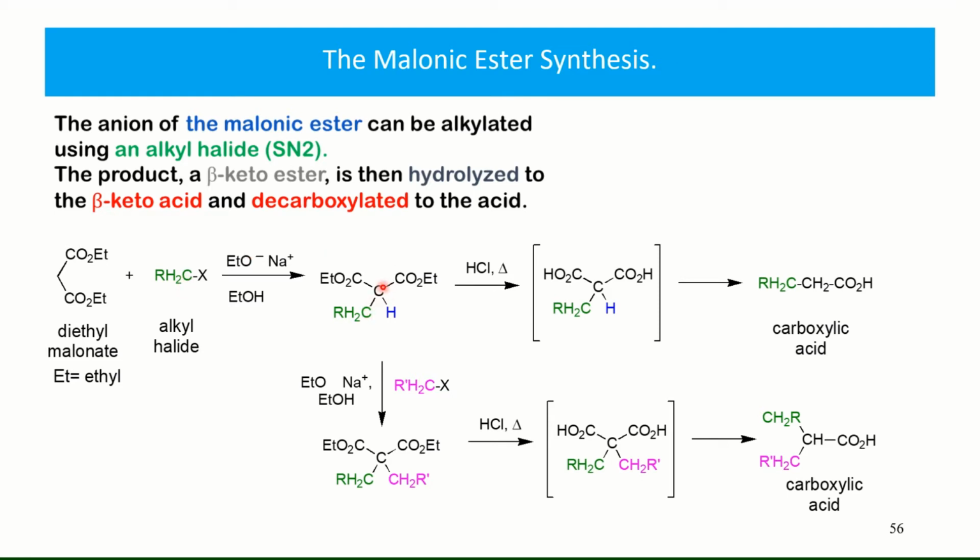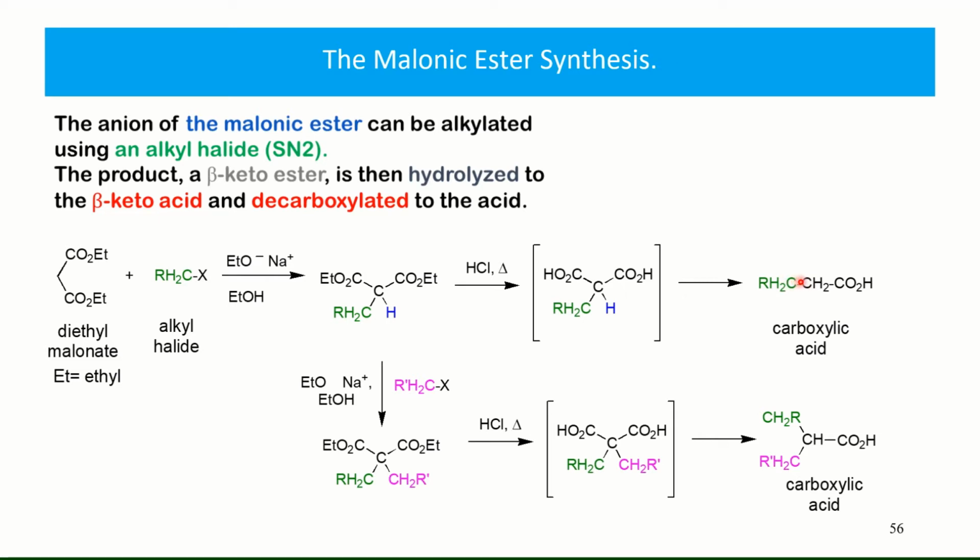So here is the coupling. We can saponify these ester groups to give us the diacid. Now realize that the diacid is an alpha beta acid. So the beta acid on heating will give you your carboxylic acid.